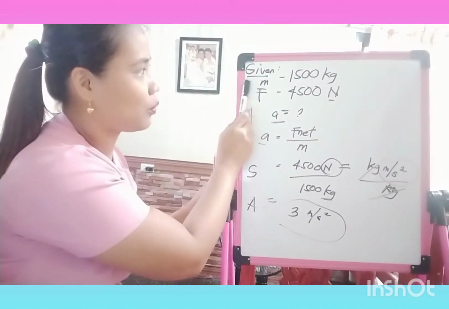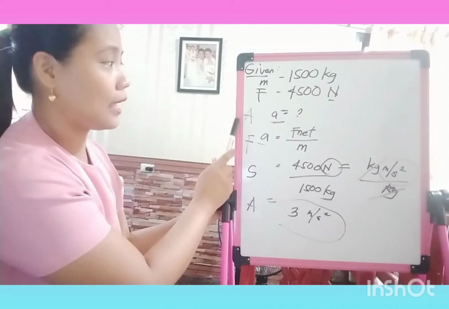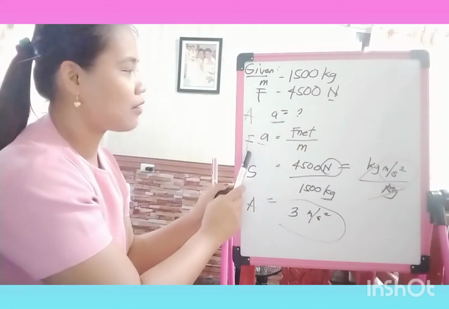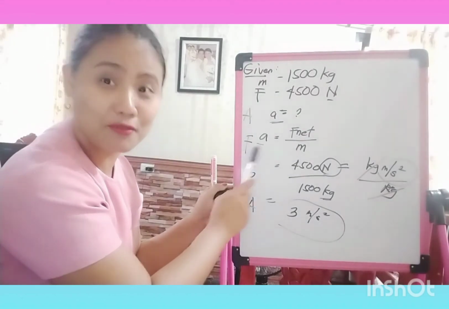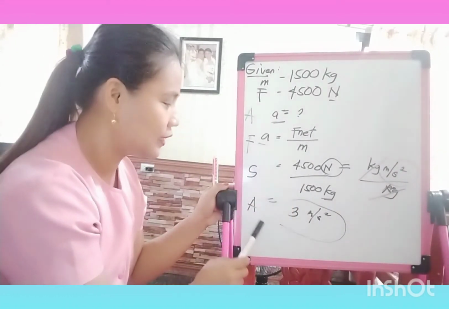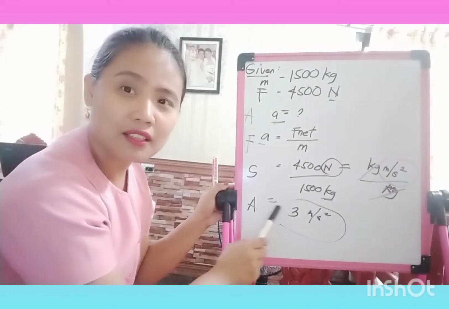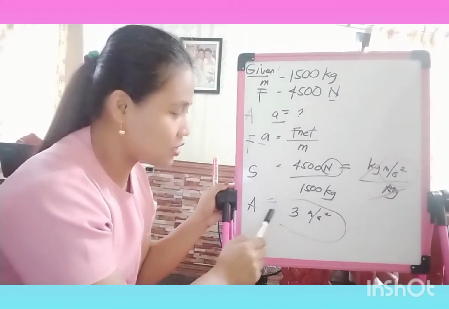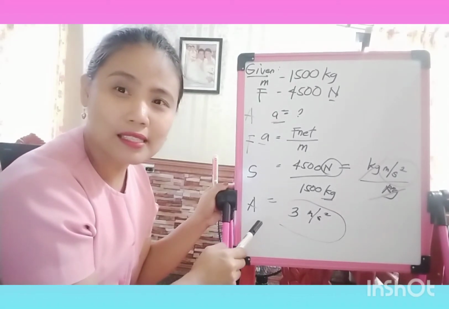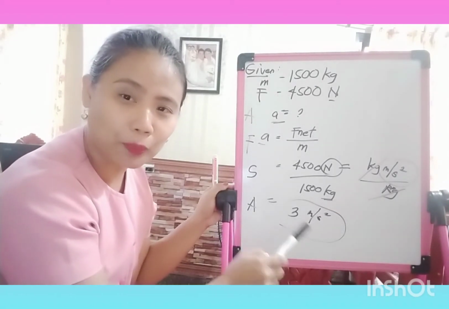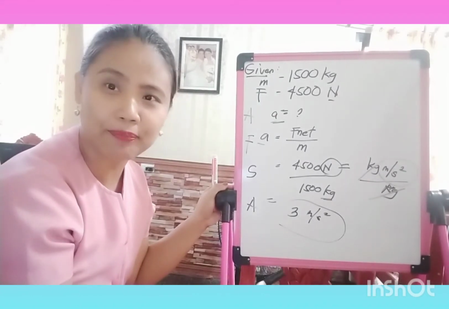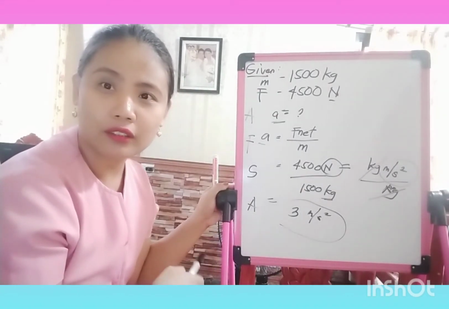G stands for given, A stands for what is asked, F stands for formula, S for solution, and A for the answer. Just make sure that you have read what is the question in the problem, or if there are other questions in the problem, you have to answer that question.